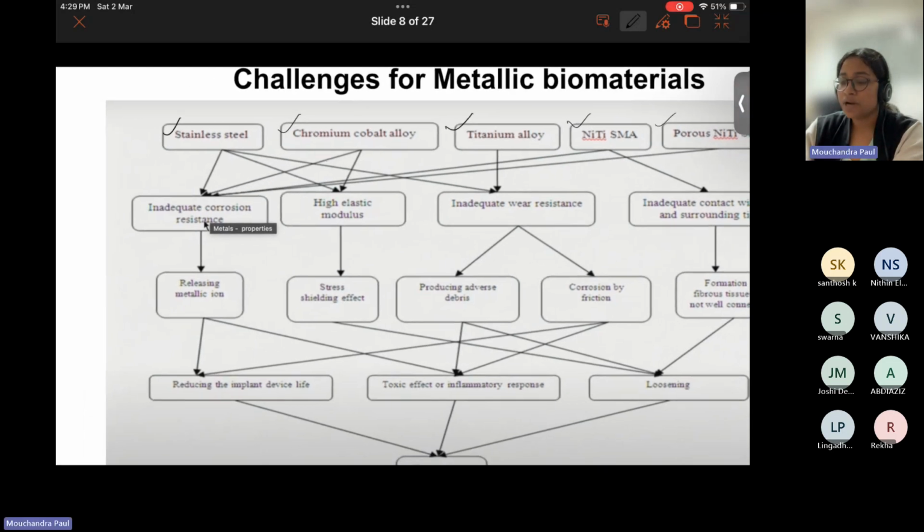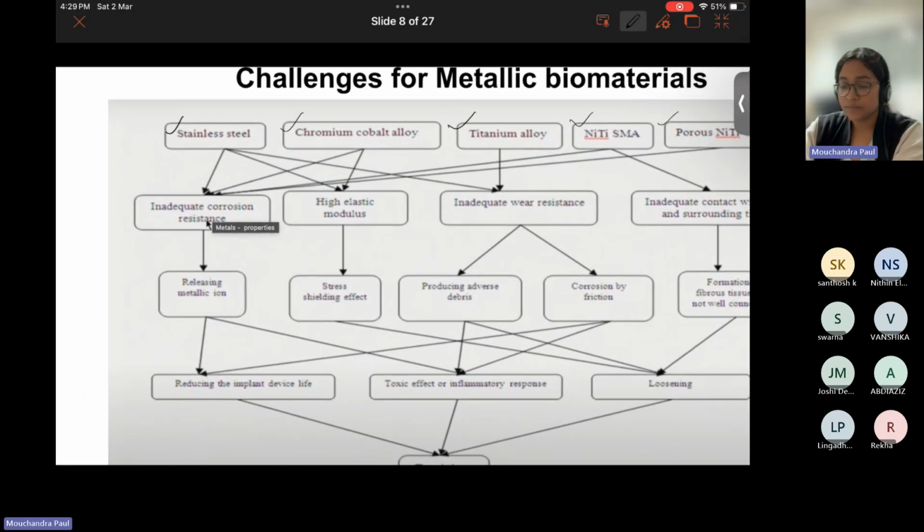People have observed that stainless steel doesn't have very good corrosion resistance. Also, the elastic modulus is very high, and it is also prone to wear. Because of these reasons, it can undergo a release of metallic ions, meaning metal ions will start leaching off the surface of stainless steel.